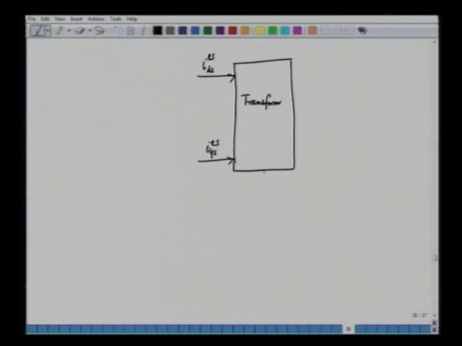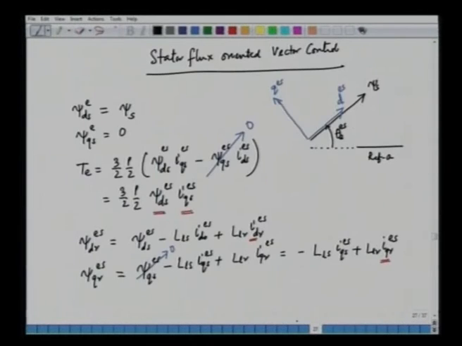This transformation is done using the angle of the stator flux vector, theta E ES. This angle is used to transform the variables in the stator flux reference frame into the variables in the stationary ABC reference frame, that is phase A, phase B and phase C.